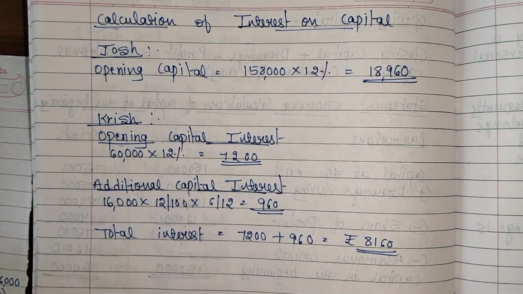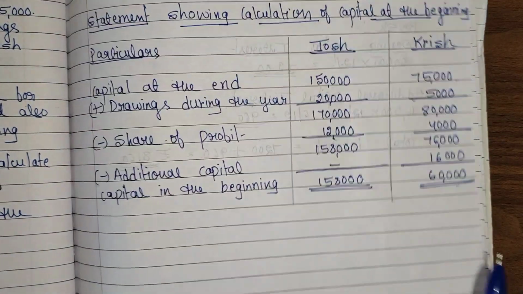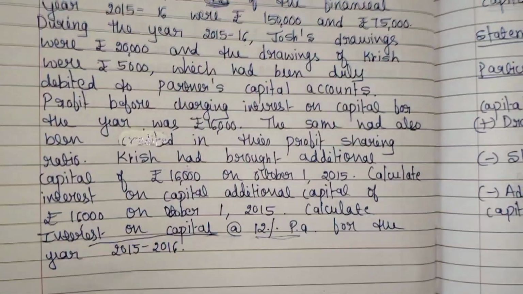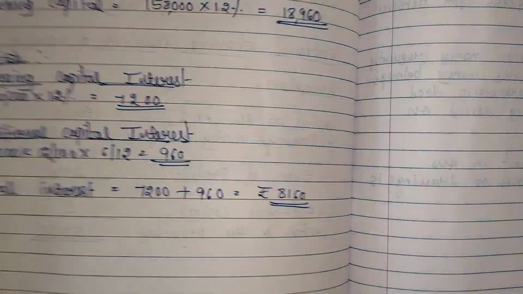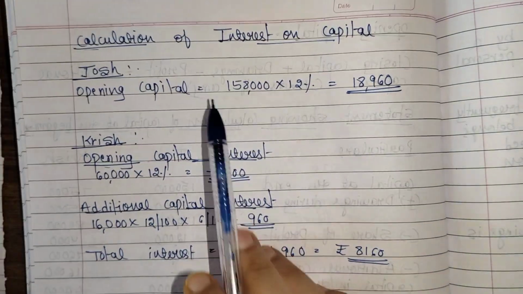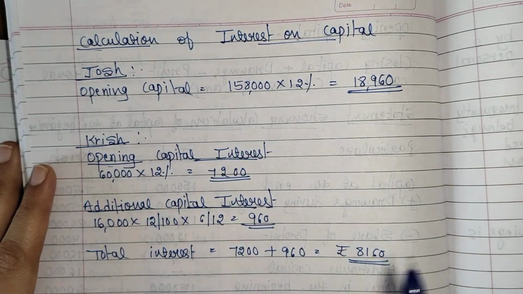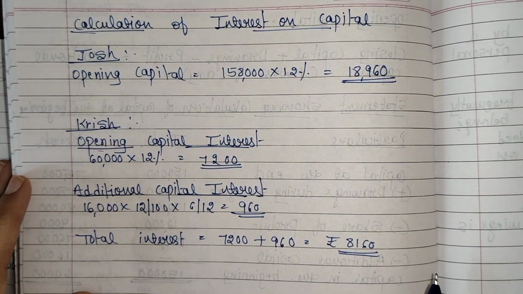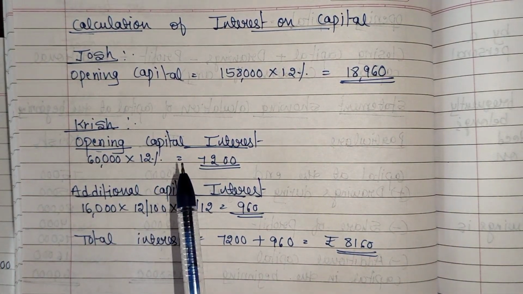Opening capital of Josh 1,58,000 and Krish, that is 60,000. Our interest on capital is 12%. See here, opening capital of Josh 1,58,000 into 12%, 18,960. Clear?